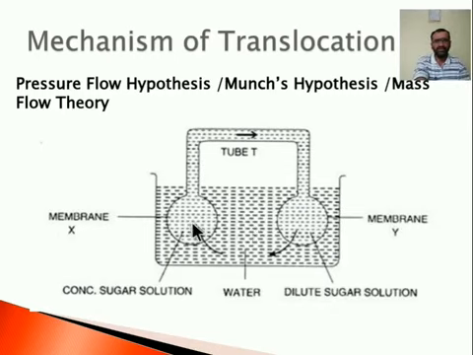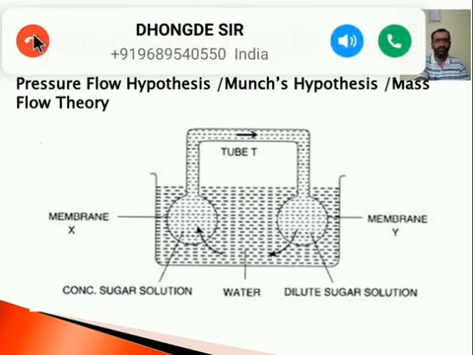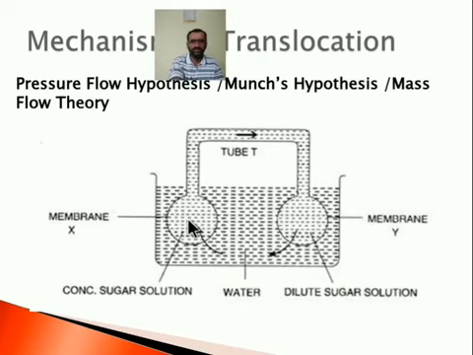When chamber X absorbs water rapidly, if the concentration of sugar solution is high, more water is absorbed through the membrane because of osmotic pressure.